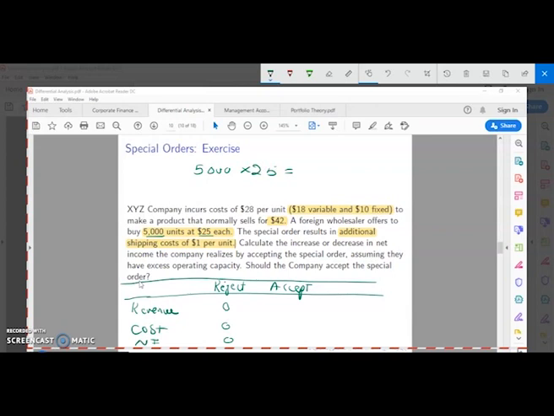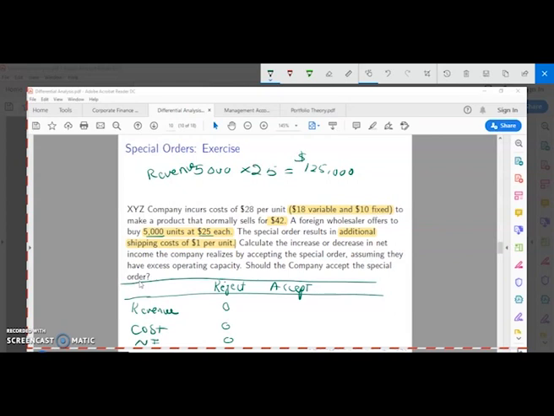This will give me $125,000. This is the revenue I can make out of accepting the project. But then I also need to calculate the cost if I accept the project.